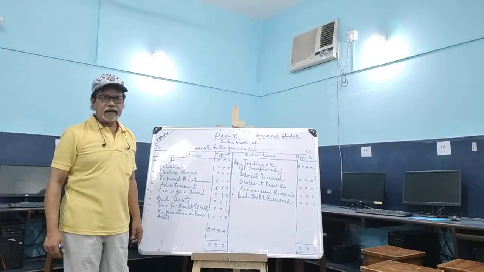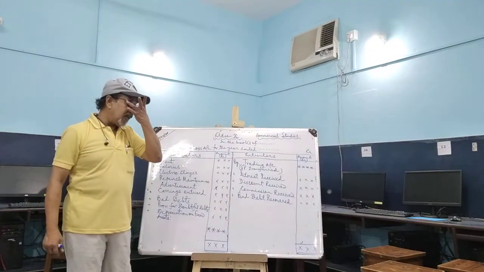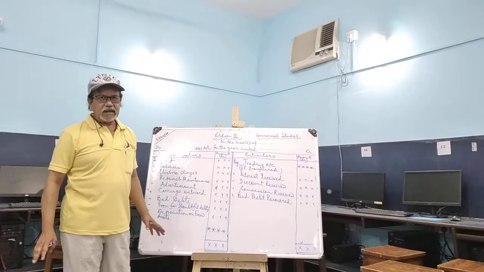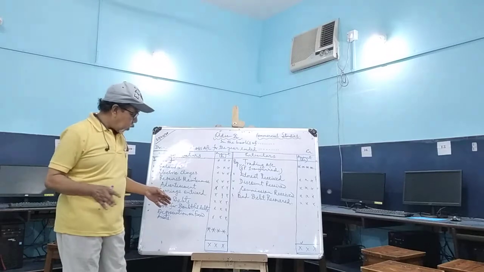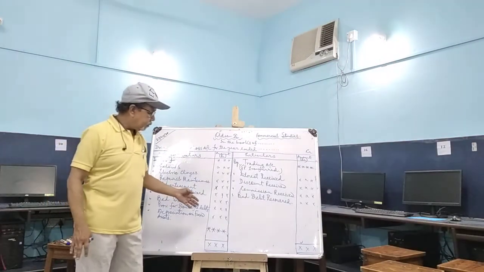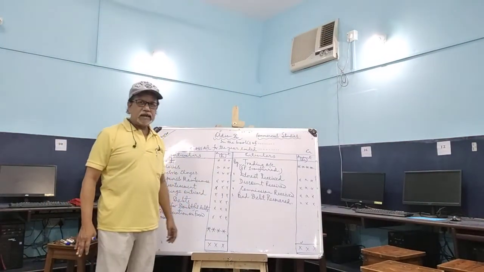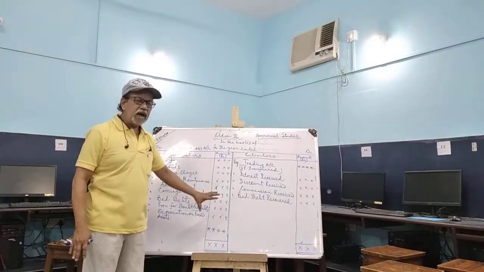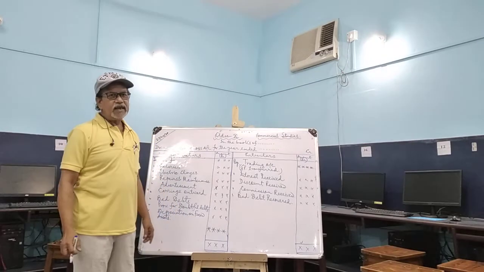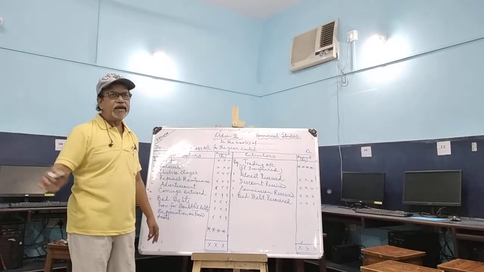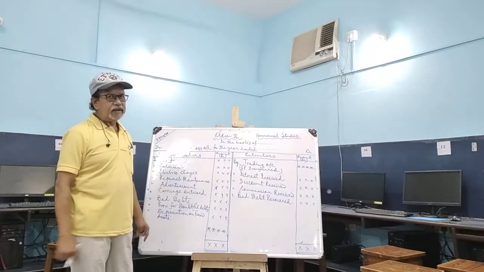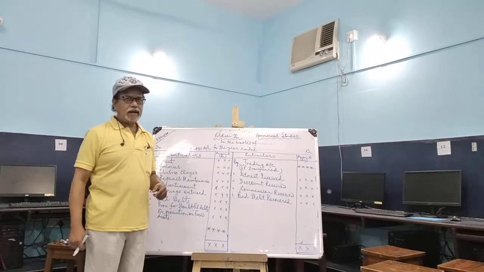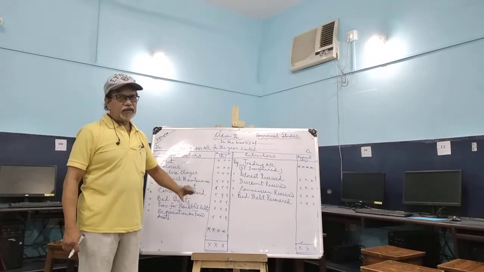Sole proprietor, single owner, has borne all the risks of the business, so the entire profit will be enjoyed by him only. He is not going to share this profit with any other. You don't need to disclose this amount to anybody because it is his profit only.